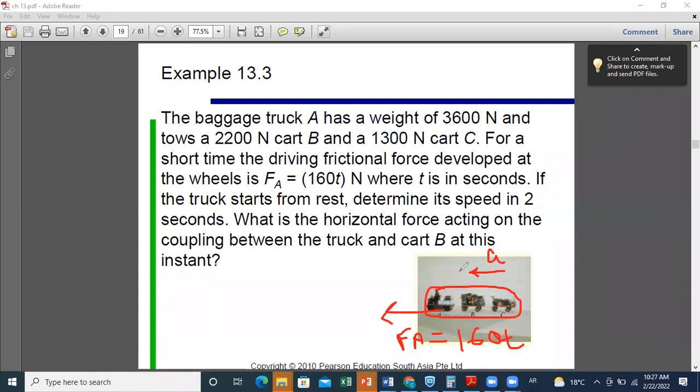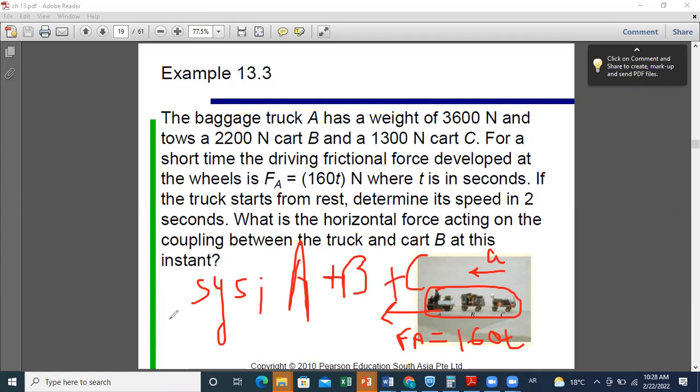Okay, and now to get A, you always specify your system. What is my system? My system is A plus B plus C. So when I write sum of forces equal MA, I should take the total mass.